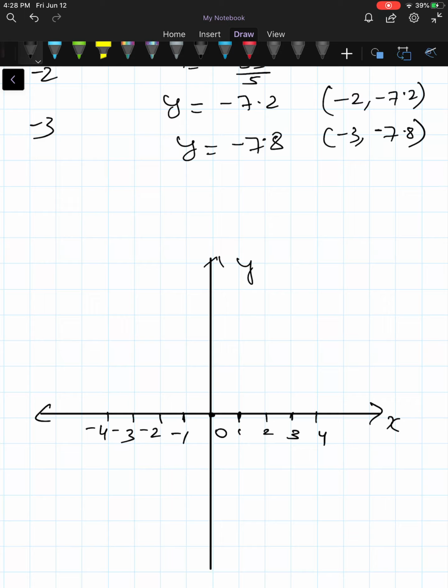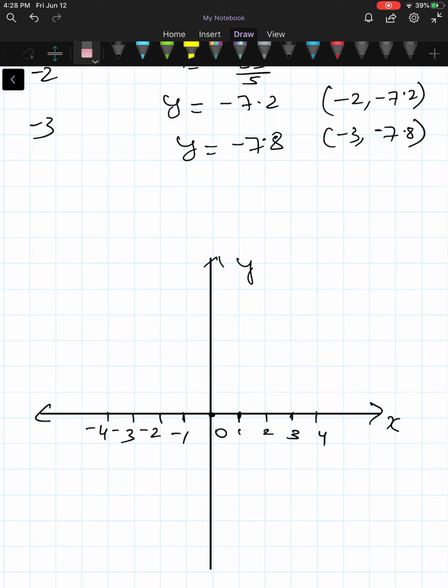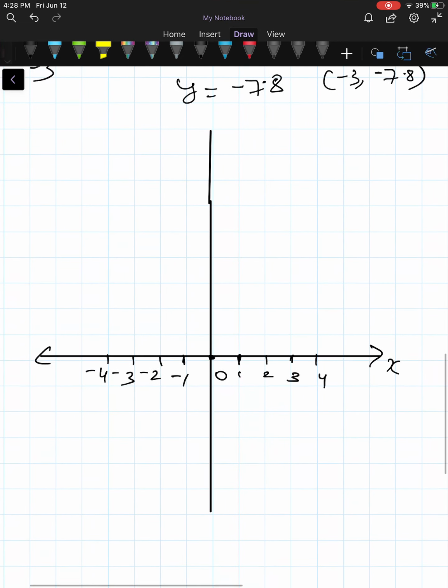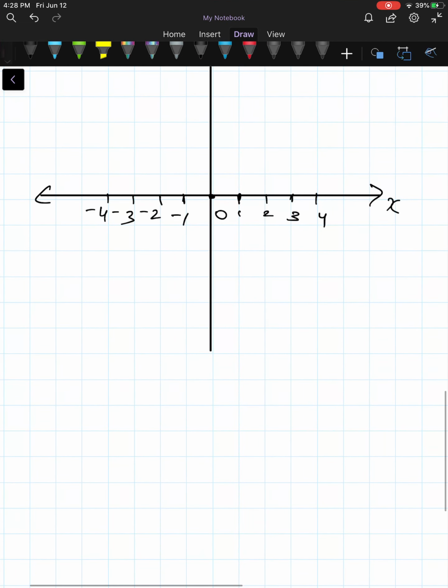You need y values up to -7 or -8. So I think I should draw y to be much lengthier, on both sides.